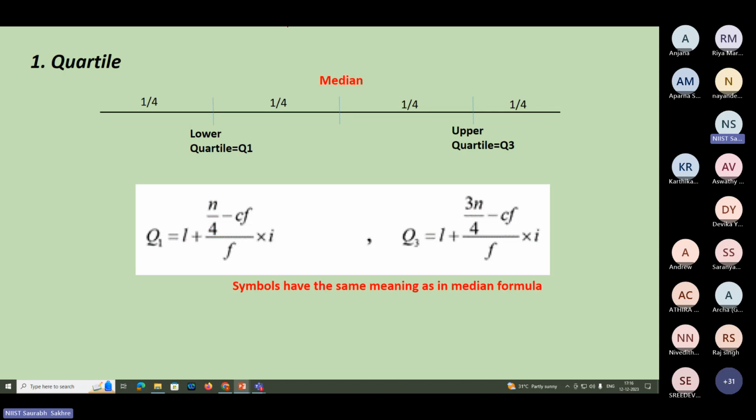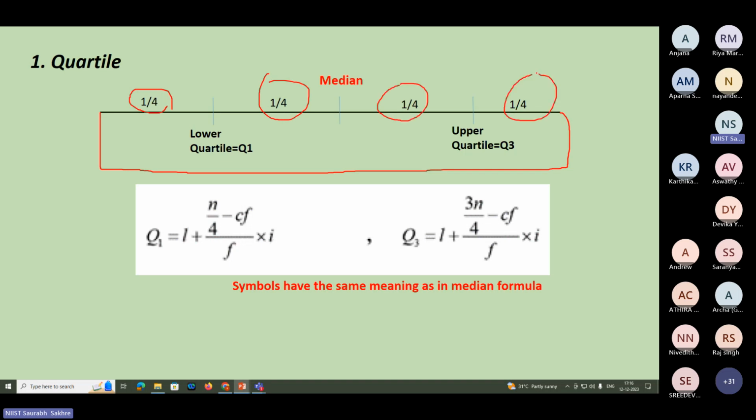Now we will see one by one. Suppose this black line is my whole data set, and I have divided my data set in 4 parts: 1 by 4 one part, second 1 by 4, third 1 by 4, and the fourth 1 by 4.